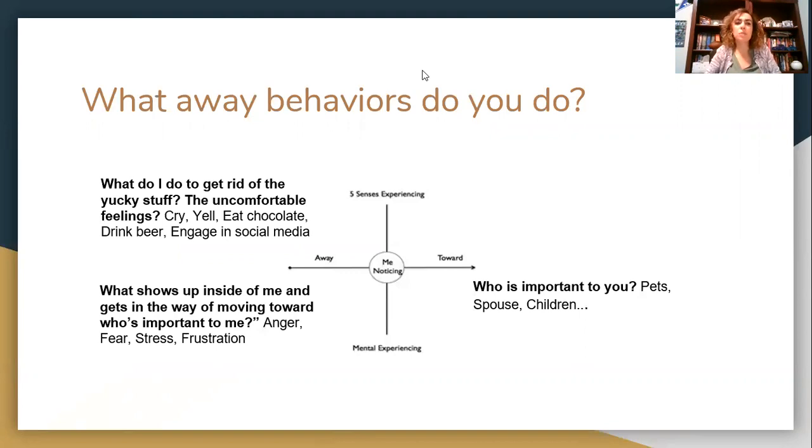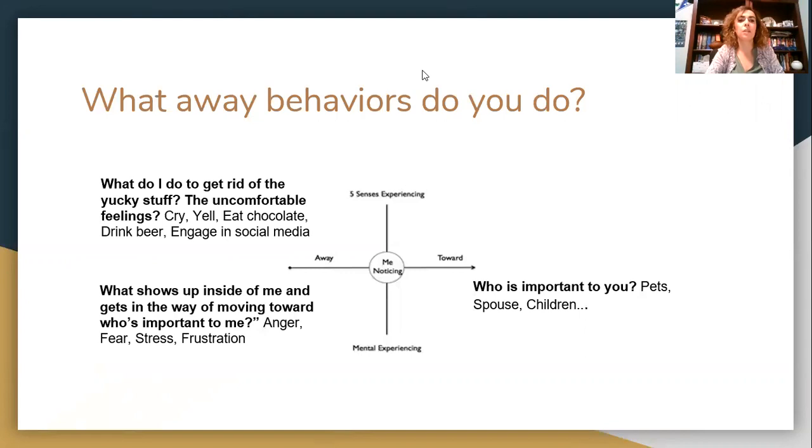Because you become so stuck in these yucky thoughts and these away behaviors, you become looping into this cycle, and you're going further and further away from who is important to you and what's important to you. You're uncomfortable, you're angry, you're eating chocolate, you're stressed, you're frustrated, you begin to drink to get rid of that feeling, so that you can take a little edge off.